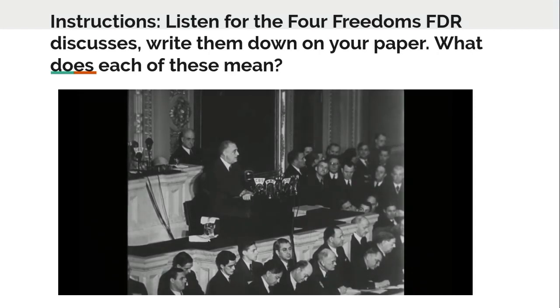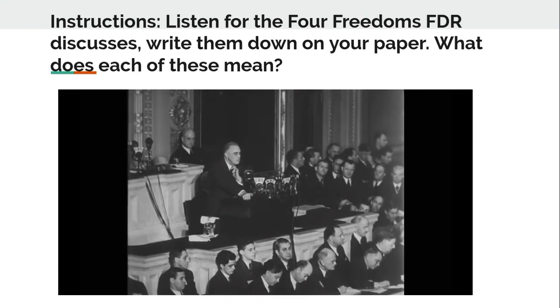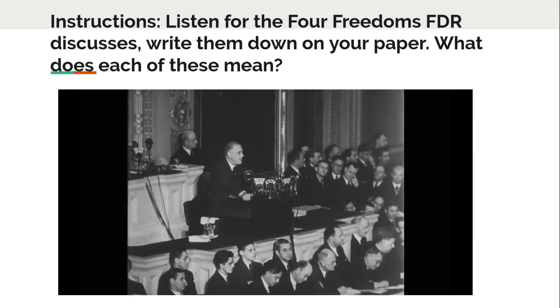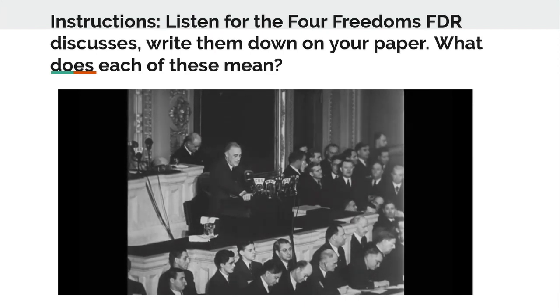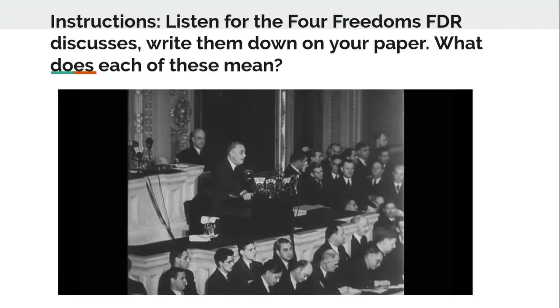The third is freedom from want, which translated into world terms means economic understandings which will secure to every nation a healthy, peacetime life for its inhabitants everywhere in the world.